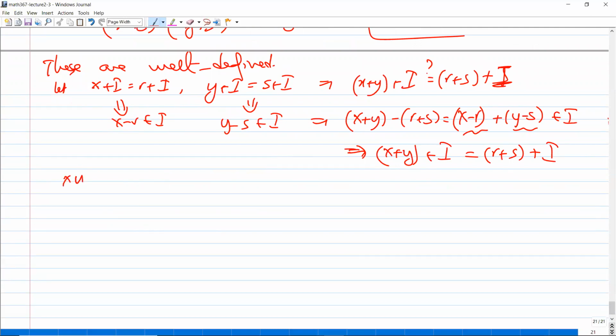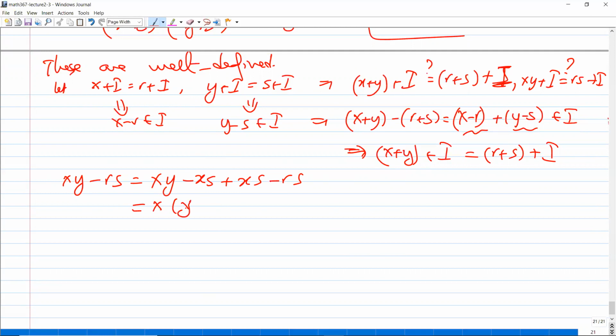And let's look at multiplication. We need to show that x times y plus I is equal to r times s plus I. Let's look at xy minus rs. Subtract xs and add xs, so I did not do anything: xy minus xs plus xs minus rs. If you factor out x from the first part, it is x times (y minus s).